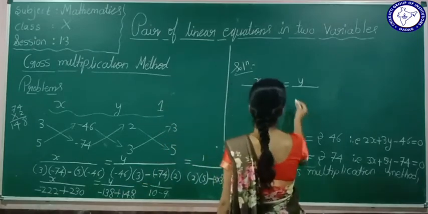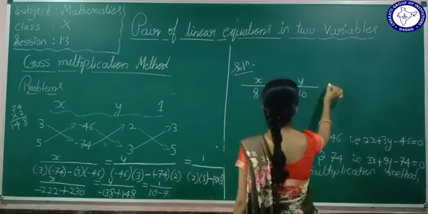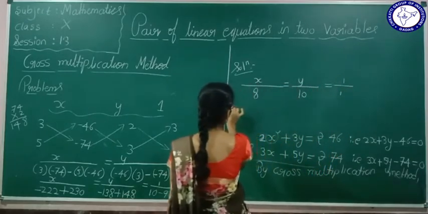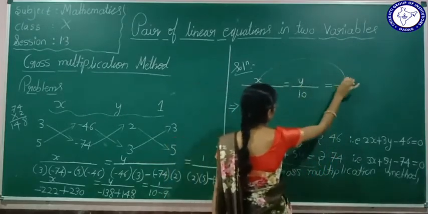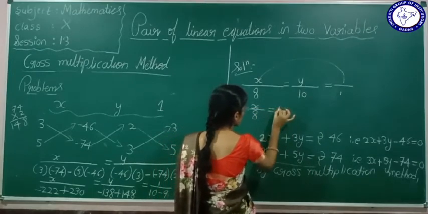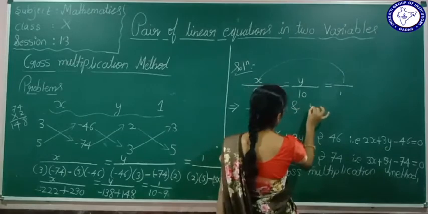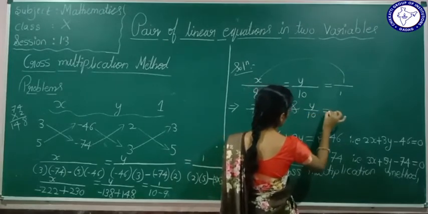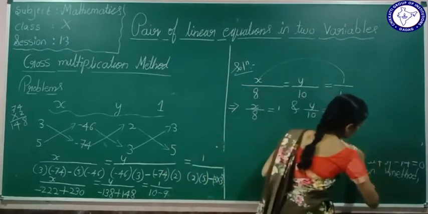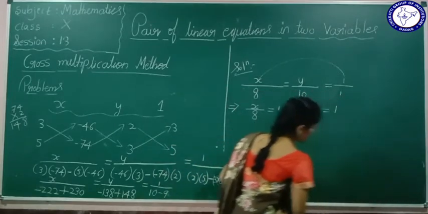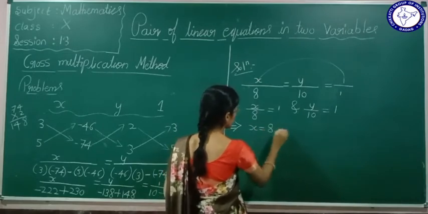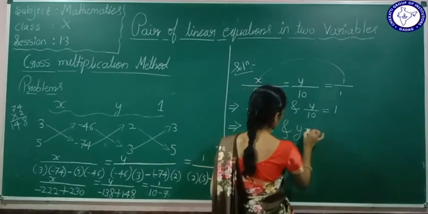It is nothing but 10. What is 10 minus 1? It is 1. So what is the next step? We have to equate these two. That is x divided by 8 is equal to 1 and y by 10 is equal to 1. So this implies x is equal to 8 and y is equal to 10.